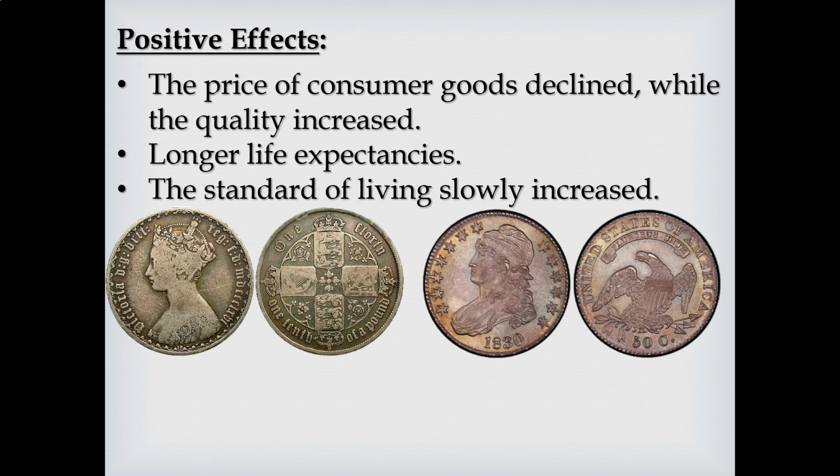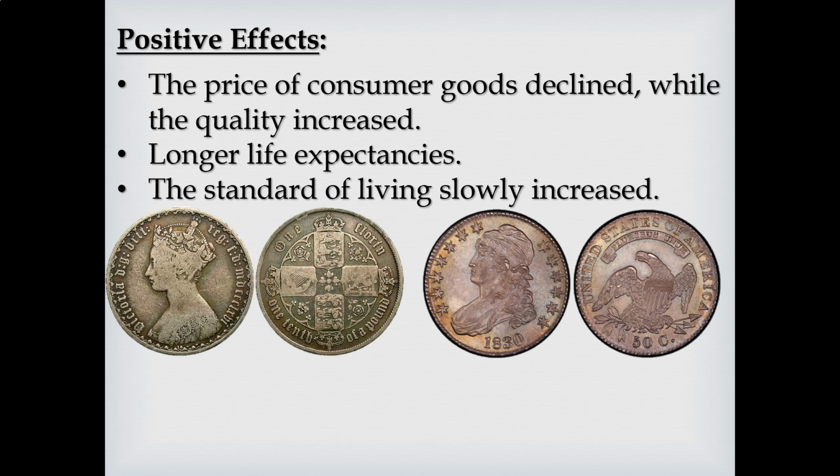With industrialization comes mass production, and with mass production, the price of goods goes down, and also the quality will increase as companies compete to get more customers. So yes, was it bad making the products in the factories? Absolutely, but for the consumers, they benefit from being able to afford more stuff. As I said a moment ago, people are living longer than ever, and the standard of living does slowly increase.